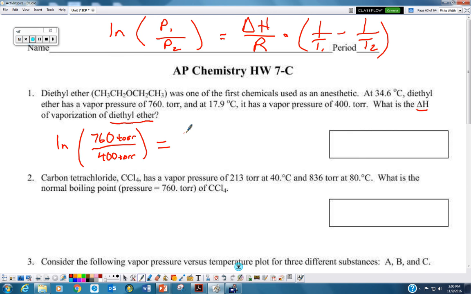Then we set it equal to delta H, which is our unknown, over 8.3145, times 1 over, and this is T2 because it's always final temperature minus initial temperature.